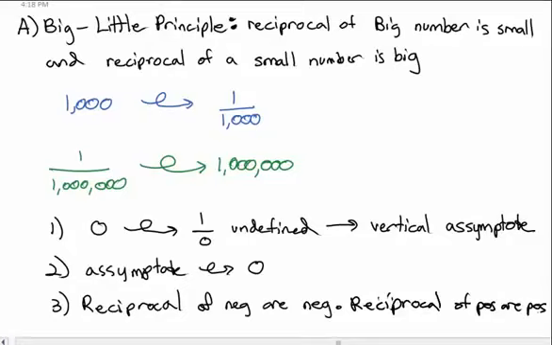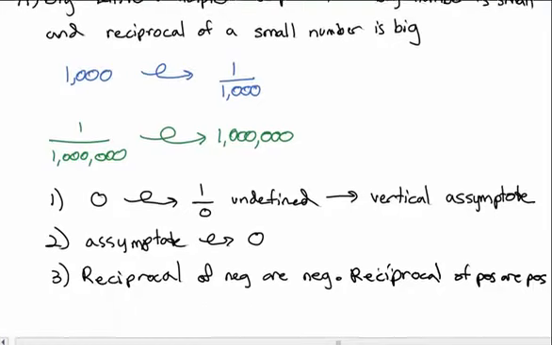In other words, the sign's not going to change as we flip things over. So things above the x-axis are going to stay above the x-axis. Things below the x-axis are going to stay below the x-axis. Their size is going to change, their distance is going to change from big to little or little to big, but reciprocals will keep the same sign. What this basically means is if we are able to at least graph the denominator, we can use the reciprocal, or the big-little principle, to graph the functions.